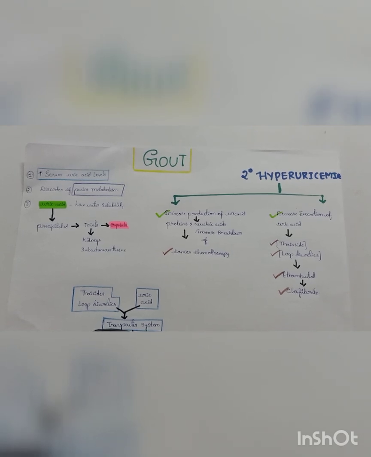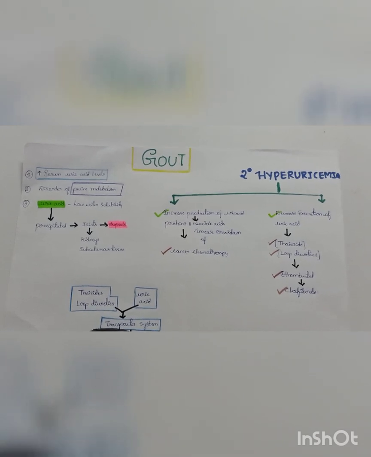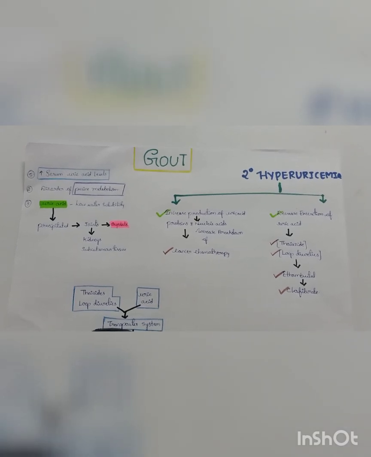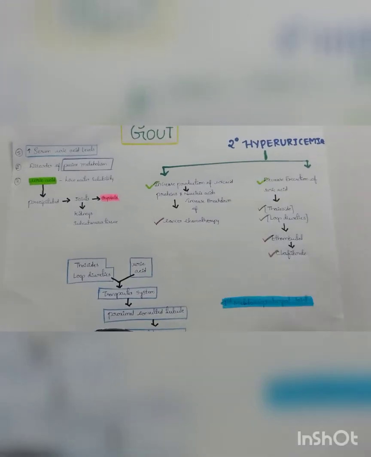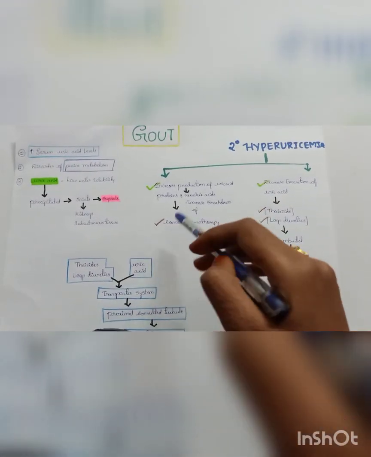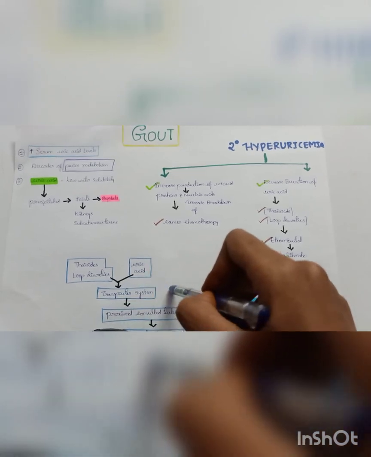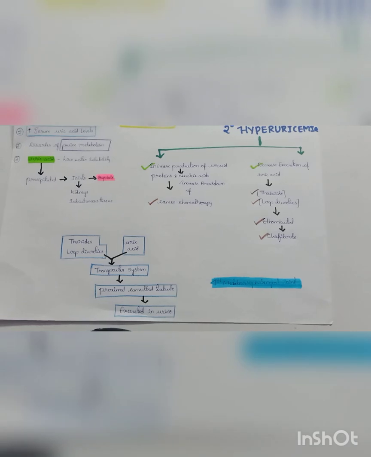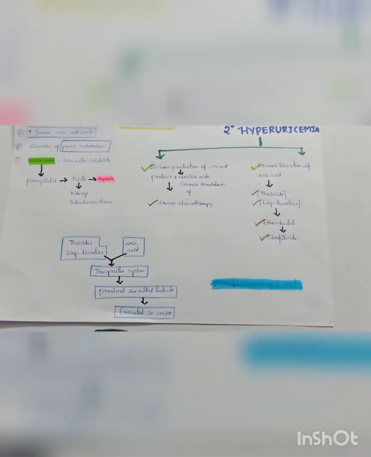When we give loop diuretics, they get secreted instead of uric acid at the proximal convoluted tubule of the nephron, and thereby uric acid levels increase due to the decreased secretion of uric acid. So thiazide diuretics, loop diuretics and uric acid share the same transporter system in the proximal convoluted tubule, and they get excreted in the urine.